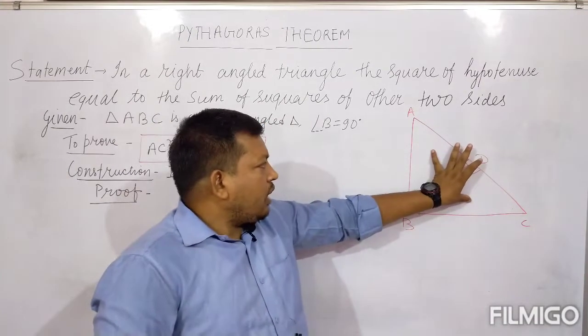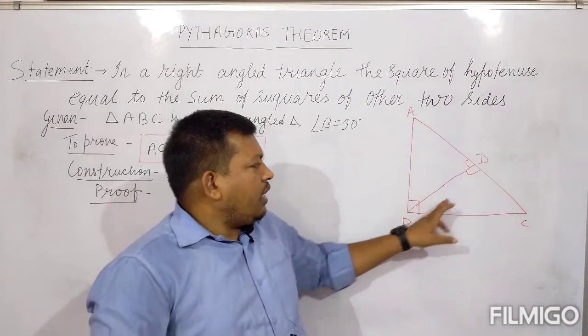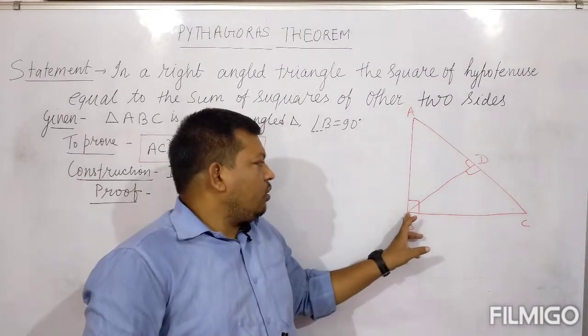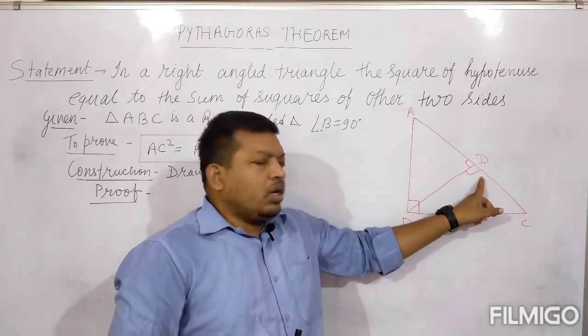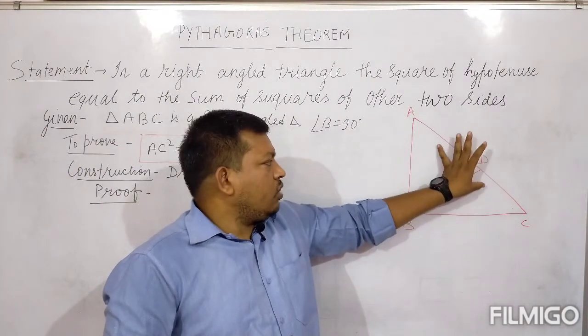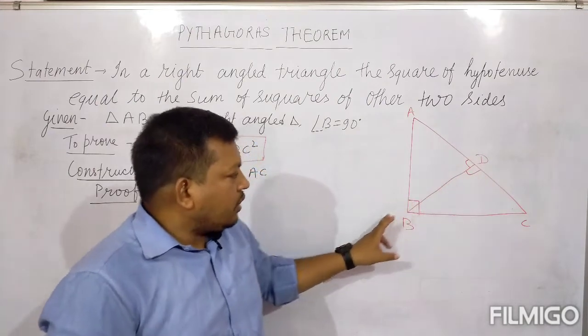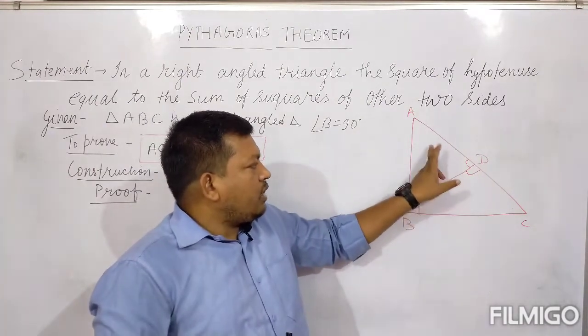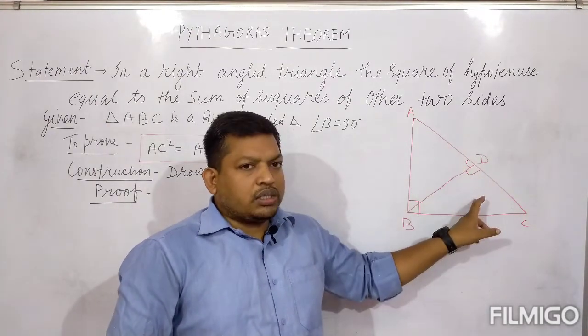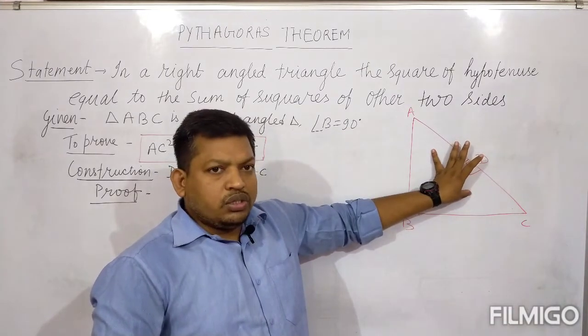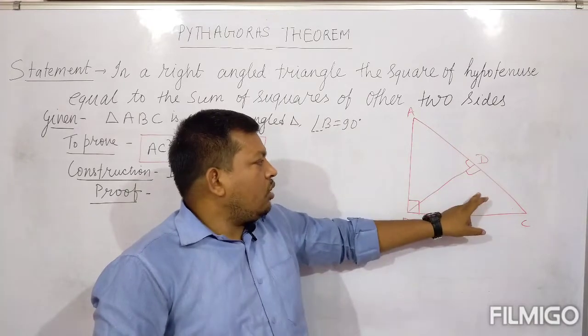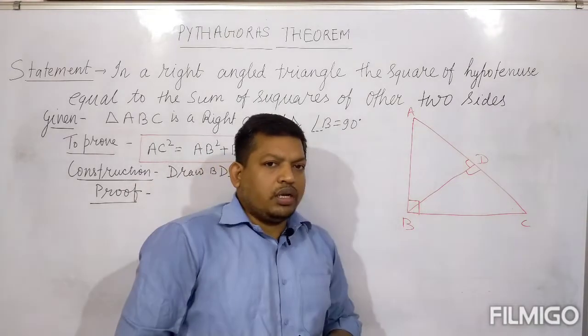See what similar triangles say: when in a right angle triangle a perpendicular is drawn from the opposite vertex to the hypotenuse, the perpendicular divides the main triangle into two parts, and the smaller triangles are similar to each other. Also, the smaller triangles are similar to the main triangle.